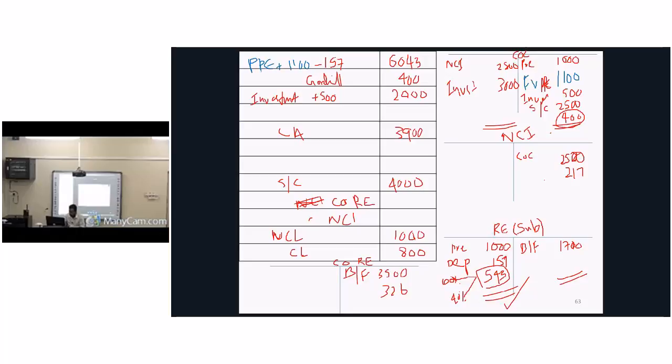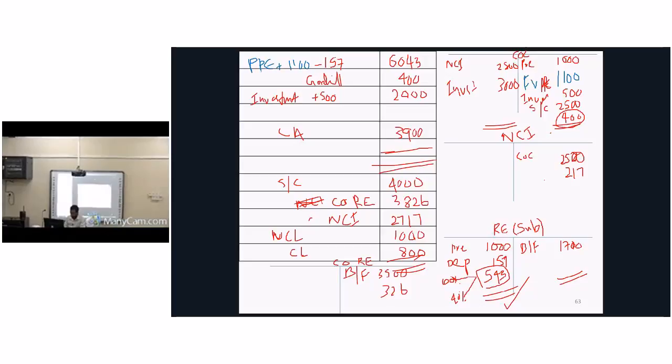NCI here, 2,770, and consolidated retained earnings 326. 3,826. You see the total here. It should be balanced now.